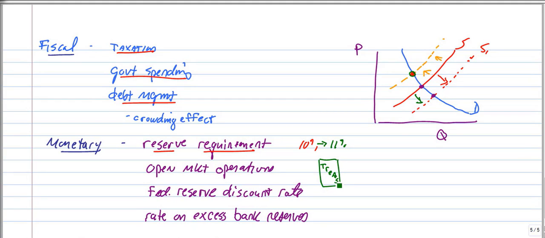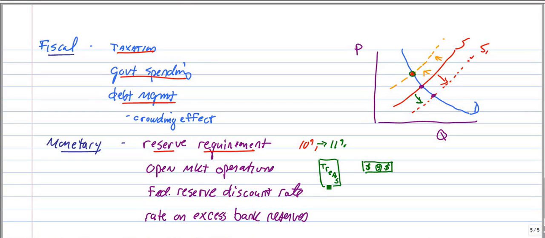This is a Treasury security, and this is money. So, if the Fed is buying government securities, then they're putting money in the economy, increasing the money supply, and buying these government securities and taking them out of circulation.